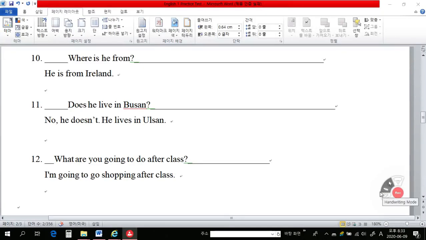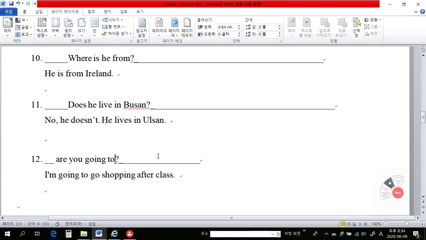One more possibility for this activity. For number 12, I'm going to go shopping after class. Try this one. I'll just keep the stem here. I'm going to go shopping after class.